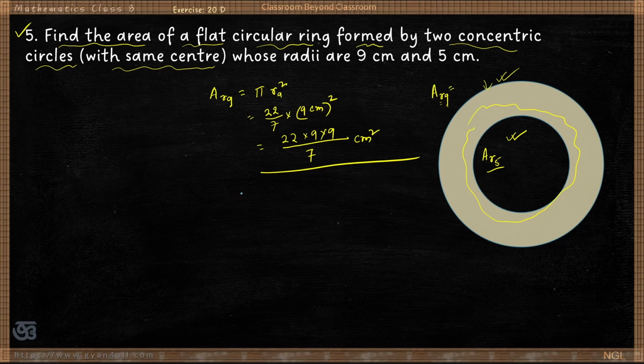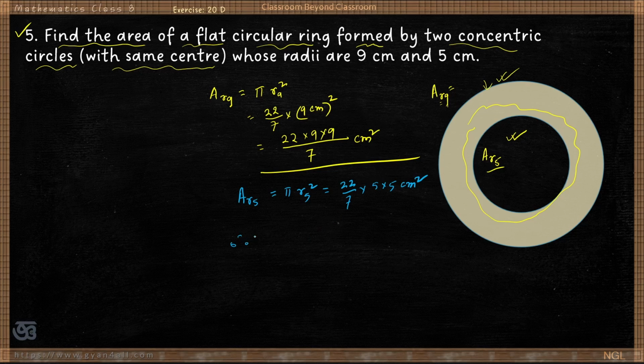Now area of the smaller circle, this is AR5, is equal to pi r5 square, and that is equal to 22 divided by 7 multiplied by 5 into 5 centimeter square, because 5 is the radius of the circle.